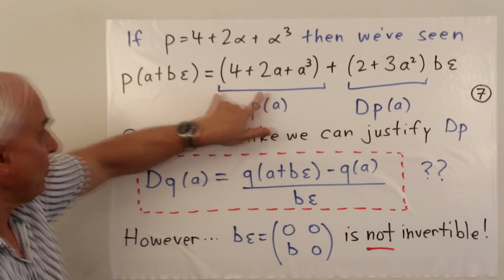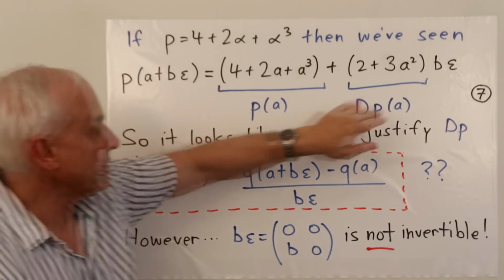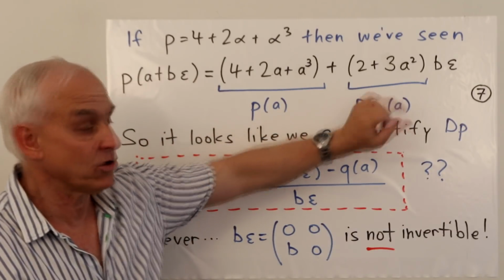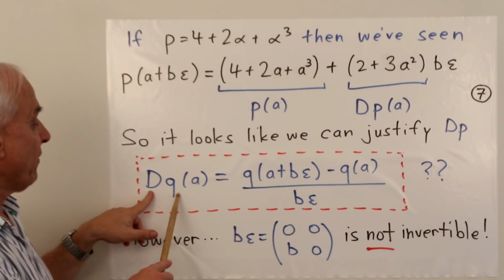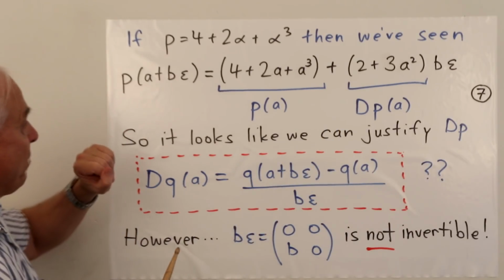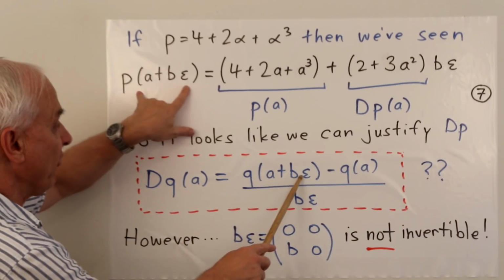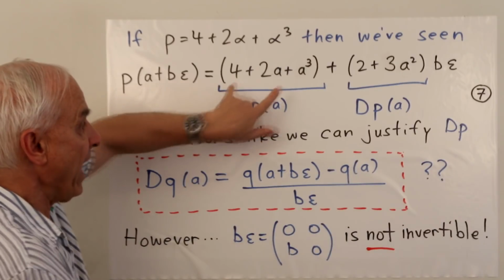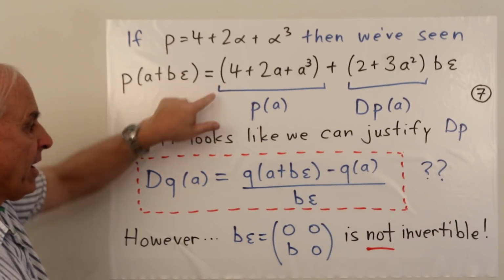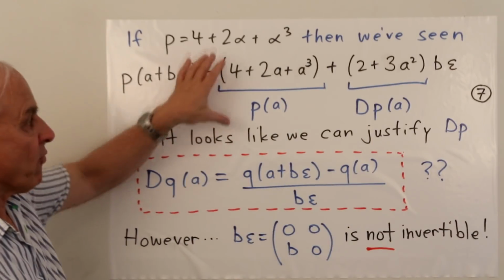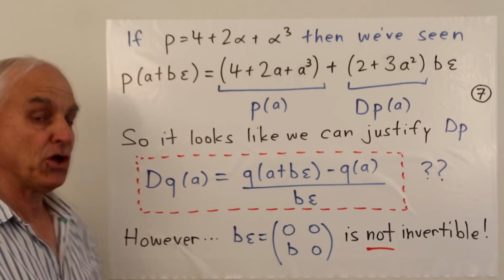If we bring this to the other side and then divide by b epsilon, then we would isolate this term. So the derivative of q at a, you might expect, would be q of a plus b epsilon, that's what's over here on the left-hand side, minus q of a, that's that part there, divided by b epsilon.